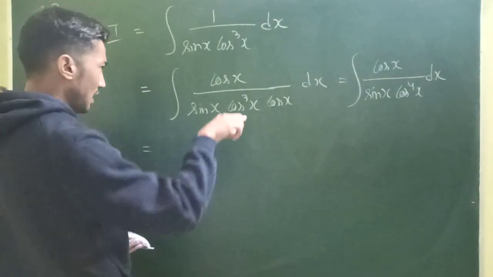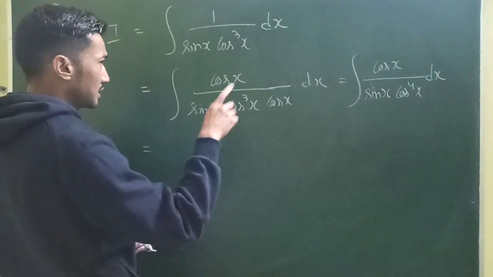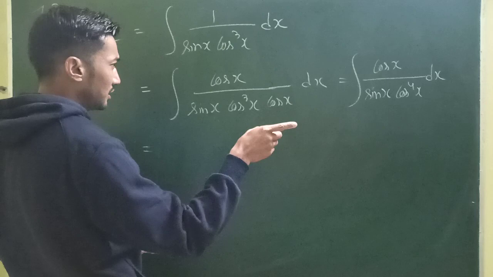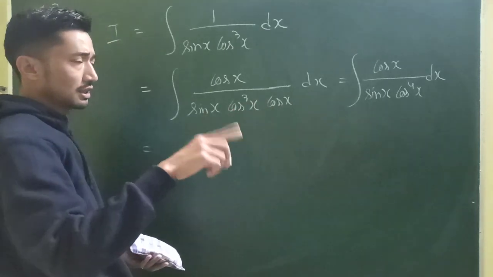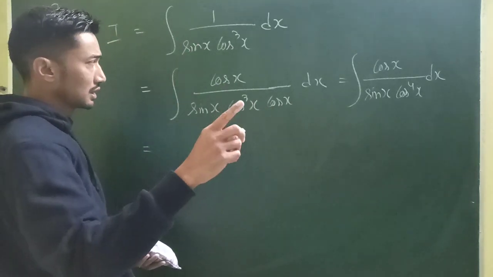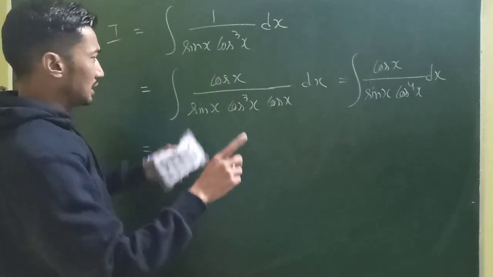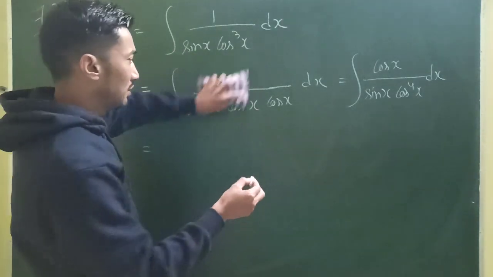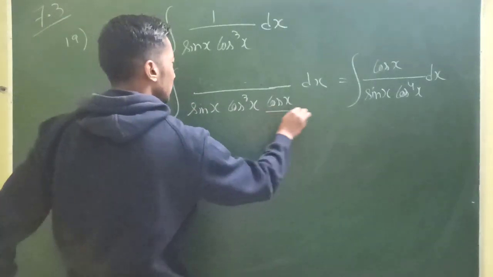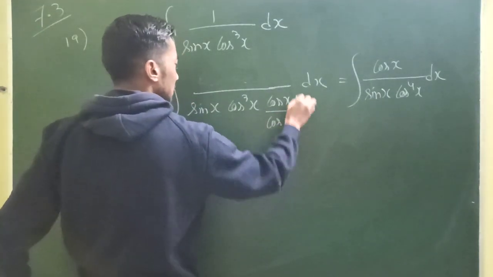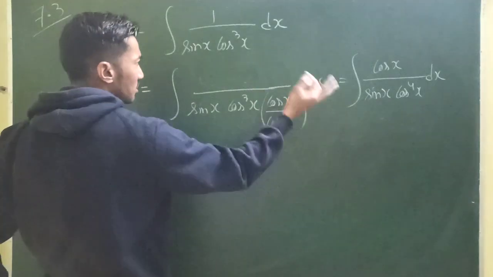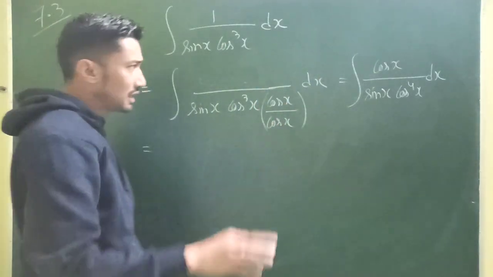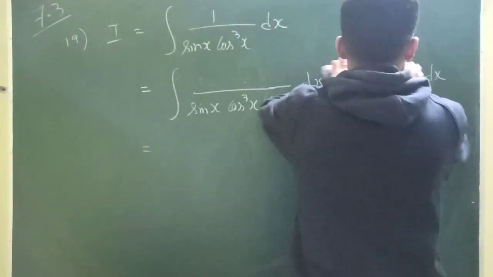I should have brought this down only. Integration of tan x: differentiate tan x, substitute tan x, sec square x. Let us just do one thing. Instead of multiplying, I'll multiply and divide here by cos x. That cancels one, you get the question back again, so not a big deal.